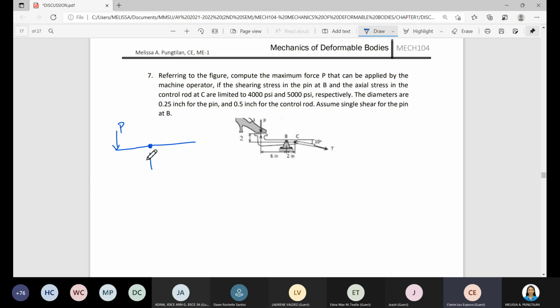Therefore, gagawin natin dyan, we have By and Bx. And then we have this force T that is applied 10 degrees with the horizontal. Okay, so this is 6 inches and this is 2 inches.